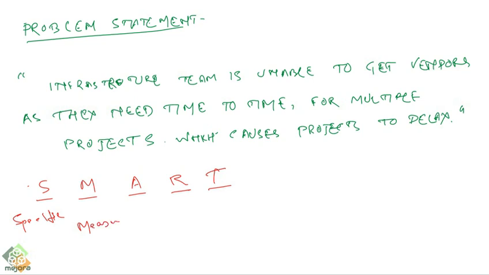Then actionable, which I normally use in terms of a problem statement, or action oriented. Then R is realistic or relevant. Realistic in case of a goal, but here we'll take it as relevant. And finally, T is for time bound.